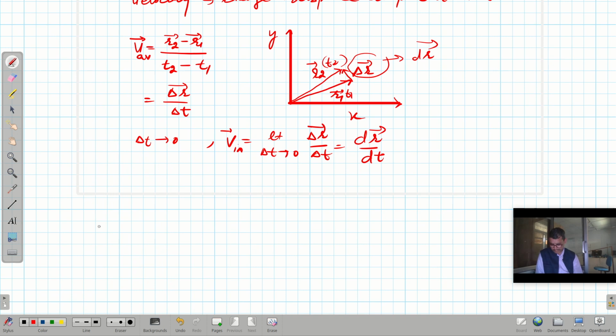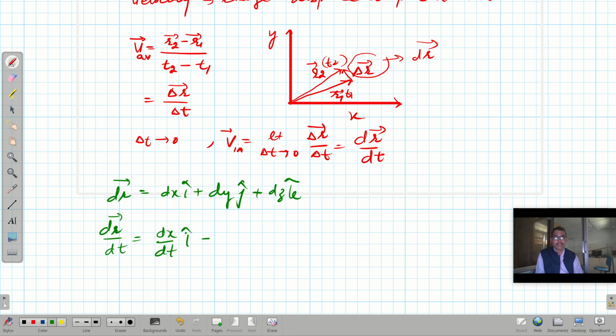This dr vector can be written as dr equals dx i cap plus dy j cap and dz k cap. And now the velocity can be written as dr upon dt. So this is simply dx upon dt i cap, plus dy over dt j cap, plus dz over dt k cap, right?